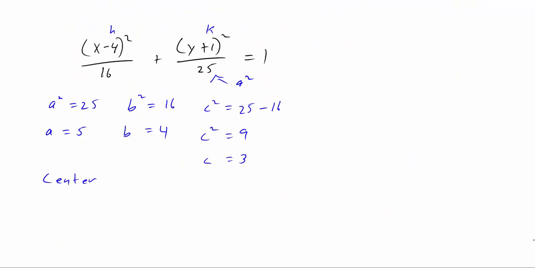But now we have a minus 4 and a plus 1, and we need to keep in mind the formula says it's x minus h squared and y minus k squared. So just like when we were looking at the formula for the parabola, the minus sign's already here, so that means our h value is going to be a positive 4, and our k value is going to be a negative 1.